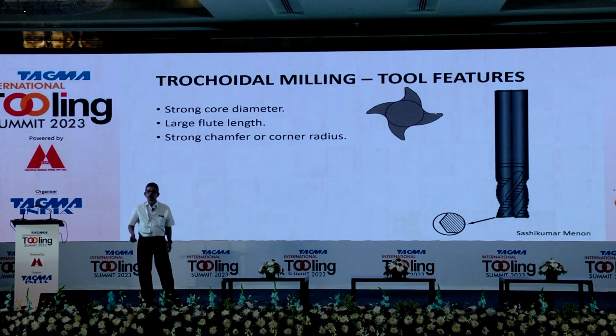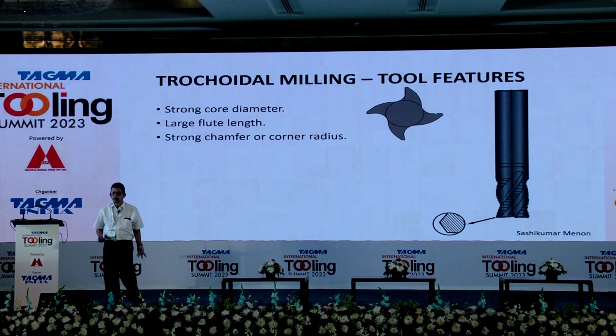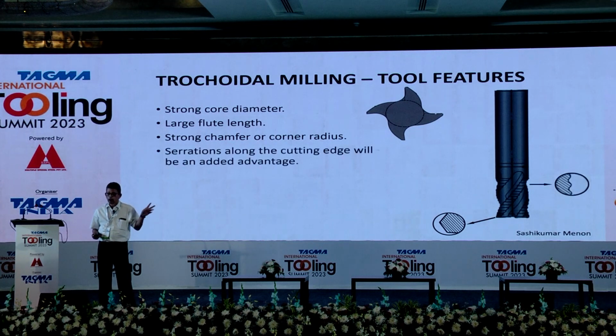It should have a very strong chamfer or a big corner radius, otherwise the area can chip off at the high depth of cut. Plus, serrations along the cutting edge will again reduce the cutting forces because total contact is not there. So, trochoidal milling is a good method.